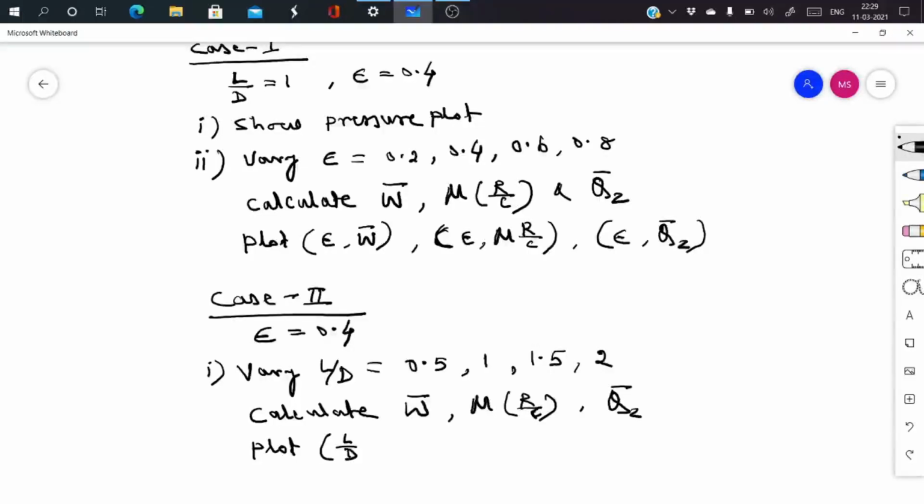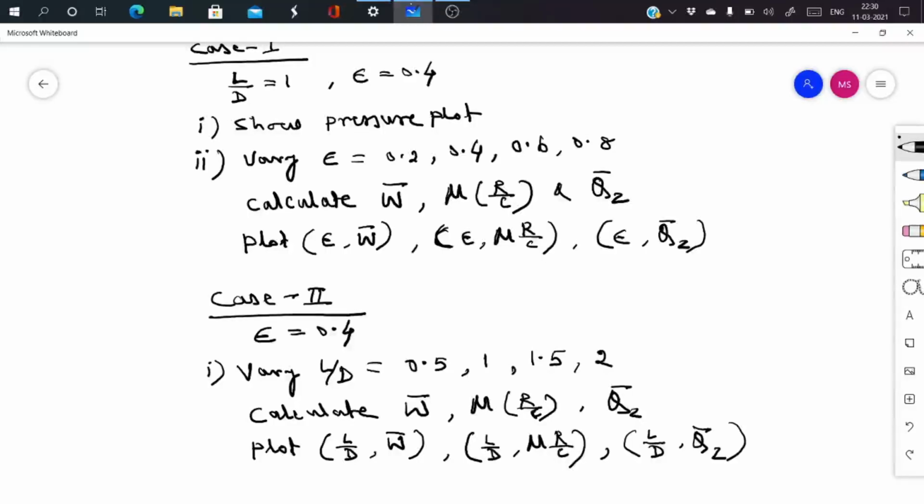L by D versus W bar, then L by D versus mu R by C, then, sorry, L by D, not epsilon, L by D versus QZ bar.